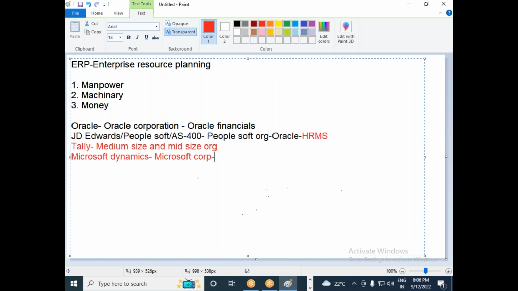If I want to sell to the customer, I need to execute some business transactions or processes. Like I will take the quotation from the customer. Against that quotation, I am going to create a sales order, then delivery, etc. Those types of activities we perform in the sales and distribution department. So if my sales and distribution department wants one software, then I will go for a sales and distribution module-related software, that is Microsoft Dynamics.